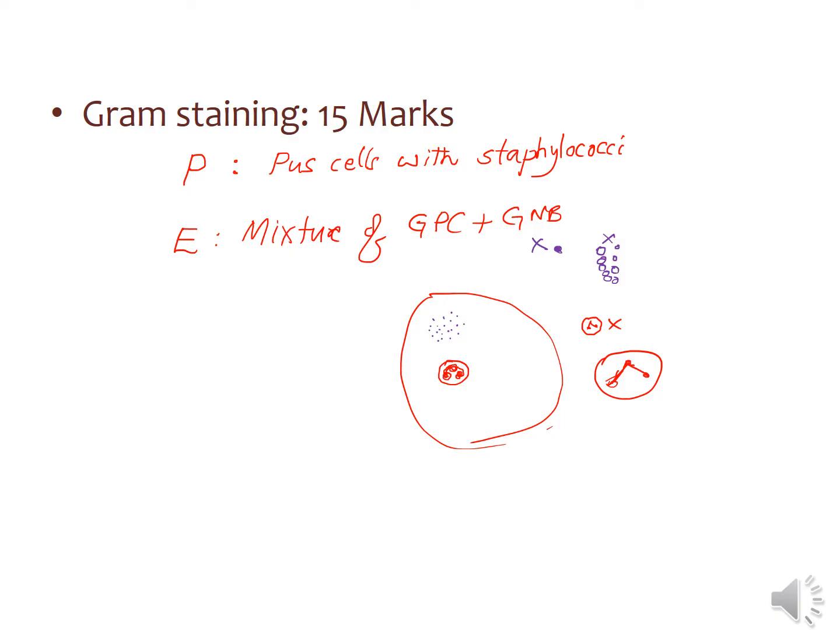The size of the pus cell should be like this, because it is around 10 to 15 microns in size, whereas the bacterium is around 1 micron in size. So the ratio should be maintained while you are drawing the diagram. So this is the diagram for bacteria, and this is the diagram for pus cells.